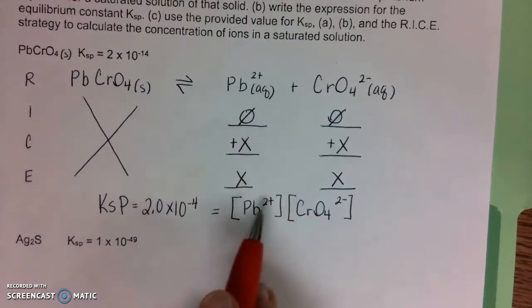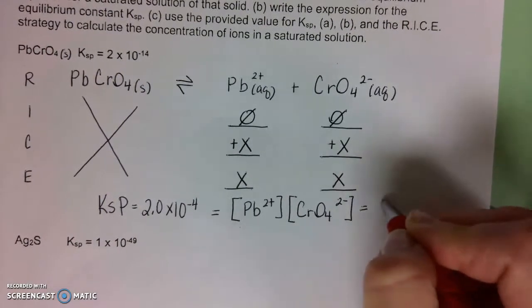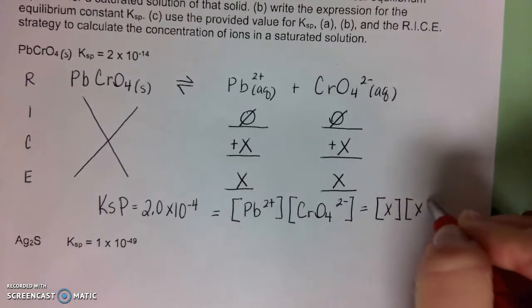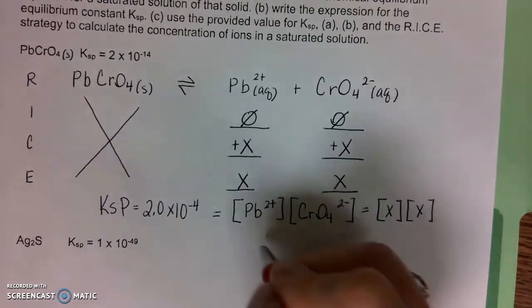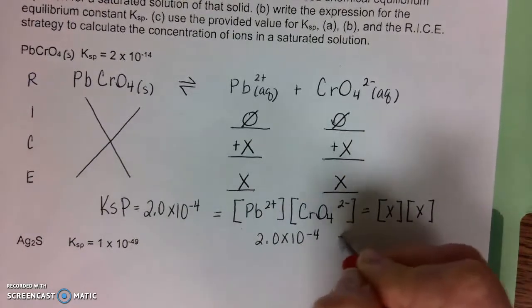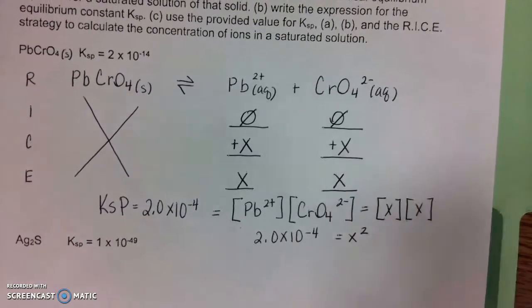My variables for those, I can plug them in right here. I'm going to do the work here since I'm kind of running out of space. I'll put my variable here, x and x. So 2.0 times 10 to the negative 4th equals x times x, which is the same thing as x squared.